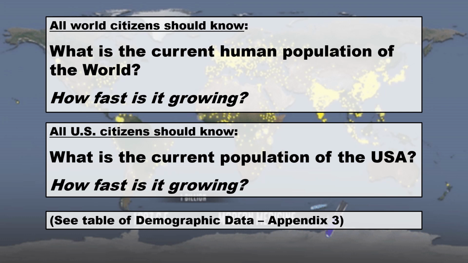If you're going to be throwing facts around, throwing numbers around, you probably should have an idea about that. And also, how fast is it growing? And then also, if you're a U.S. citizen, well, you probably ought to know what the approximate current population of the United States is, and also how fast it's growing. Now, you could look this up in the table of demographic data.